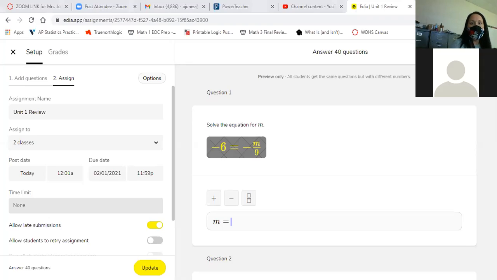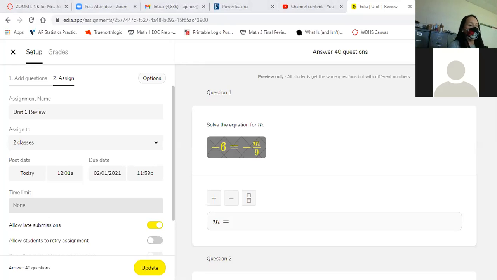Okay, so we have -6 equals -m minus 9. How do we solve that? Anybody can talk, okay? How do we solve it? What do we got to do? Times by 9. And then we know that 9 times -6 is -54. Our 9's cancel out, and we're left with -m.